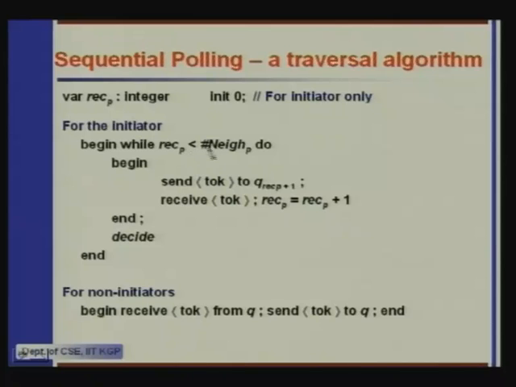While this is less than the number of neighbors, do: send token to one neighbor, okay, then receive the token back from that neighbor and then increment RECP, the counter. When you are done with all your neighbors, then you decide. Okay. What does a non-initiator do? The non-initiator receives the token from Q, and sends the token to Q.